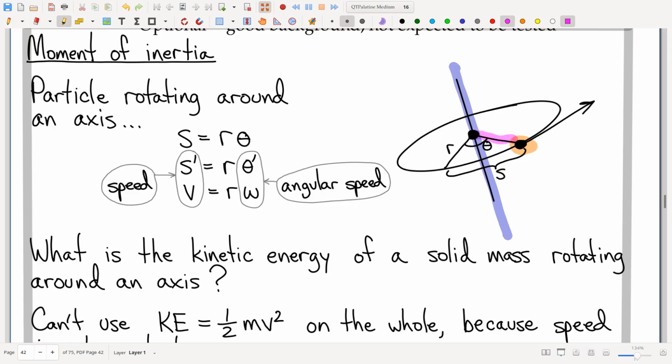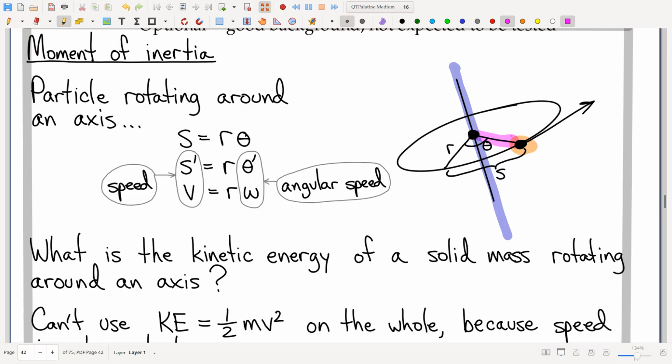It's the distance from whatever little piece of mass I'm interested in, how far is that away from my axis of rotation? I called it R, that's what everyone calls it, right?